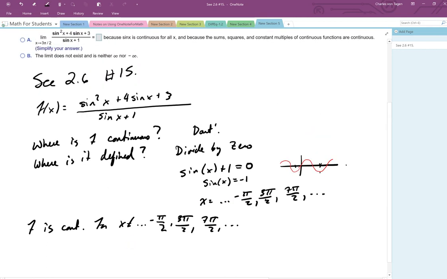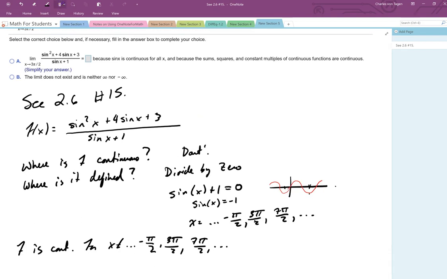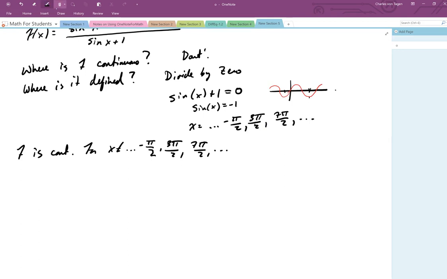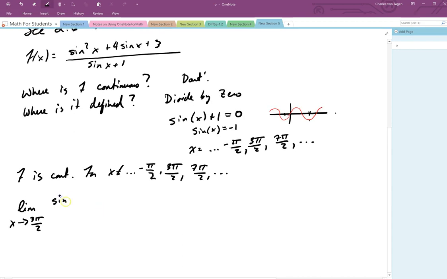Well, unfortunately, if you go back to our question, what are we asking to find the limit of? We're asking to find the limit at 3 pi over 2, which is one of our excluded values. So that means we have to do a little more work. So if we return to our limit, the limit as x approaches 3 pi over 2 of sine squared of x plus 4 sine x plus 3 all over the sine of x plus 1.